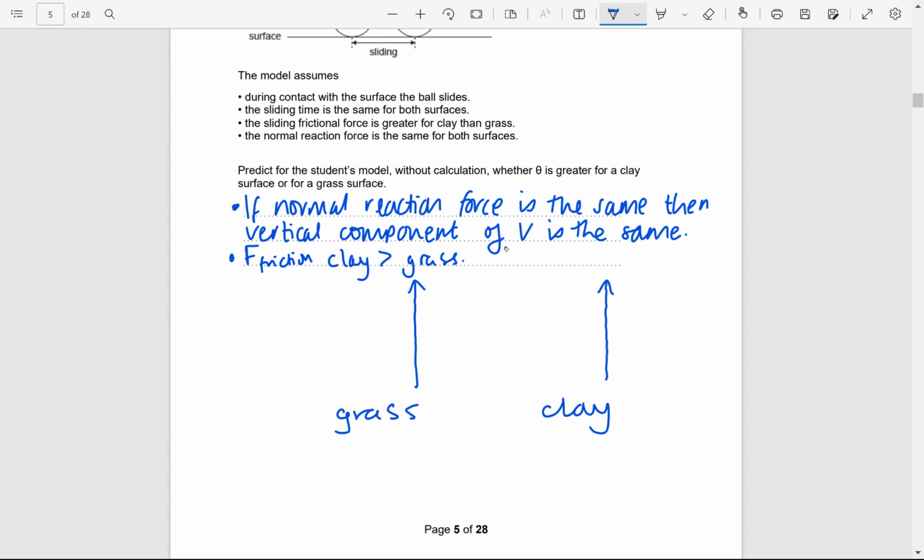And that means that the horizontal speed for clay will be less than for grass because it's slowing it down. It's acting against it. So for clay, we might have something like this, whereas for grass, we might have something like this.